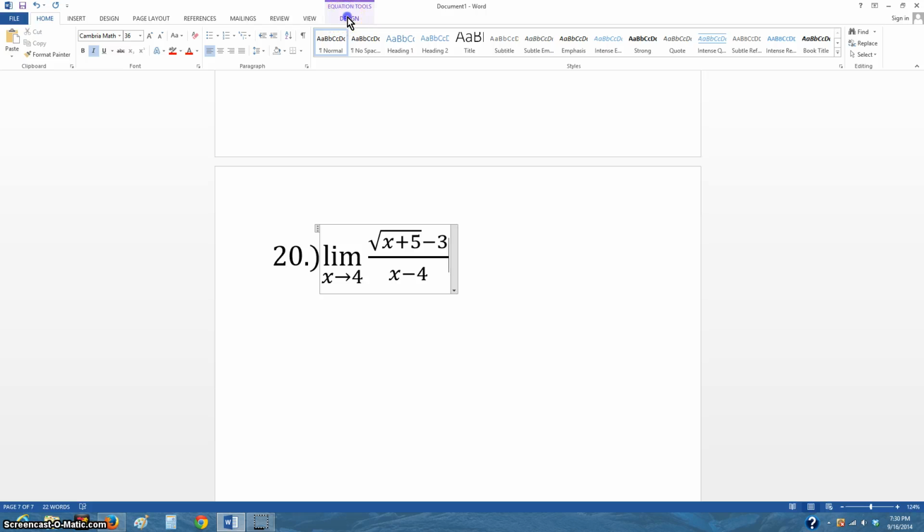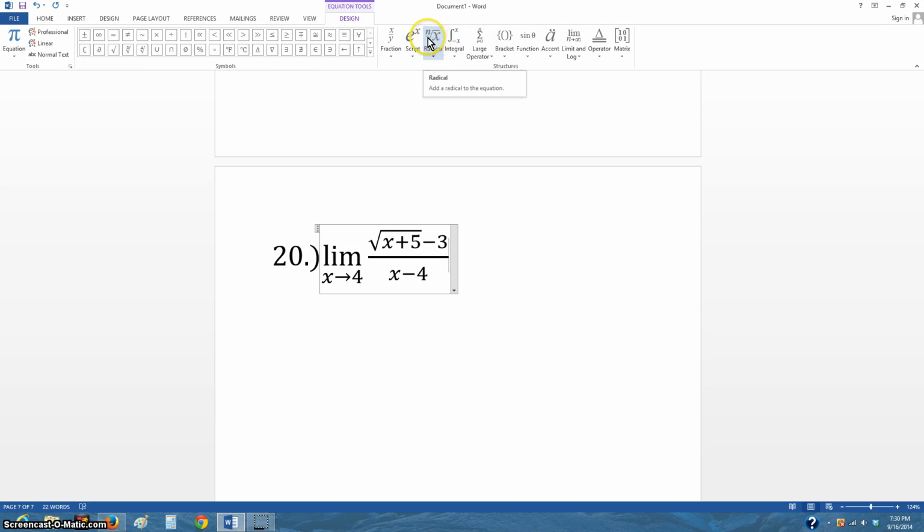That means that you must multiply or factor in some kind of way, and in this case we're going to multiply by the conjugate of the numerator. So we have square root of x plus 5 plus 3. And that's exactly what will be in our denominator.